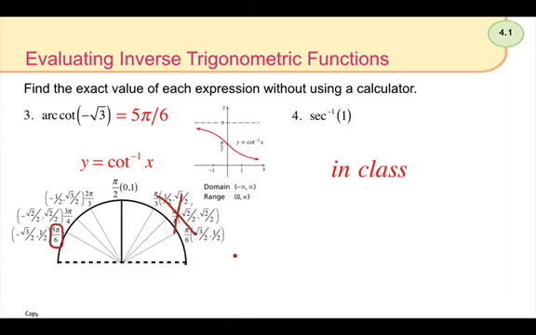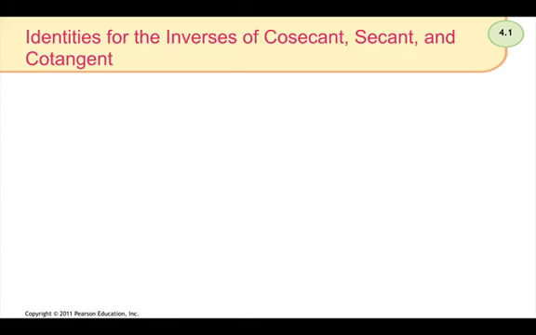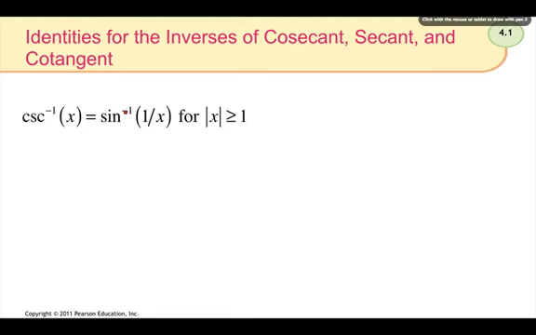Let's go to the next slide. So this slide is going to help you do the following. Whenever you want to find cosecant inverse of an x value, you can also just find sine inverse of 1 over that x value, given that it satisfies this. In the same manner, if you're looking for secant inverse of an x value, given that it satisfies this condition, just compute cosine inverse of 1 over x, and it gives you that same answer.